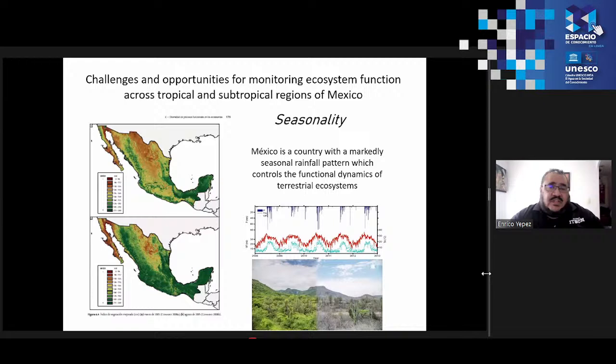One of my favorite challenges in this country is to understand the seasonality. The talk that preceded me talked about how this seasonality is actually changing. Mexico, the whole country for the most part, is very highly seasonal. Half of the year is dry and the other half of the year is wet.